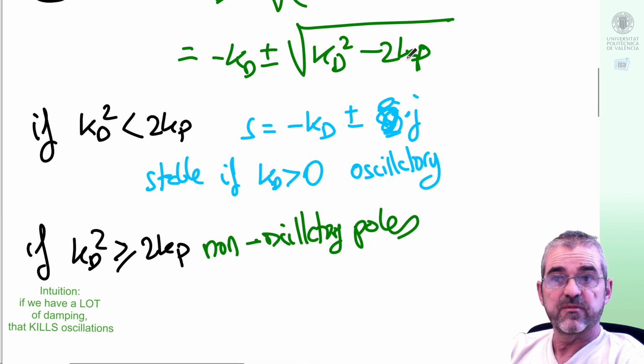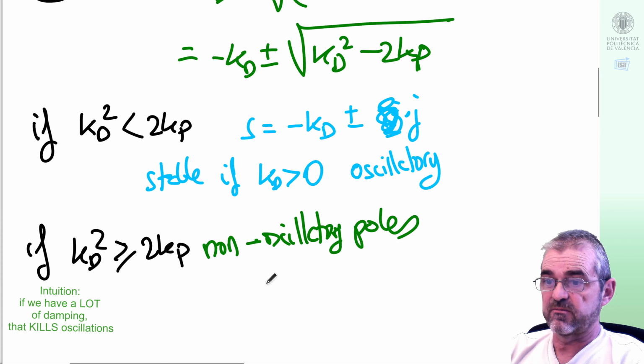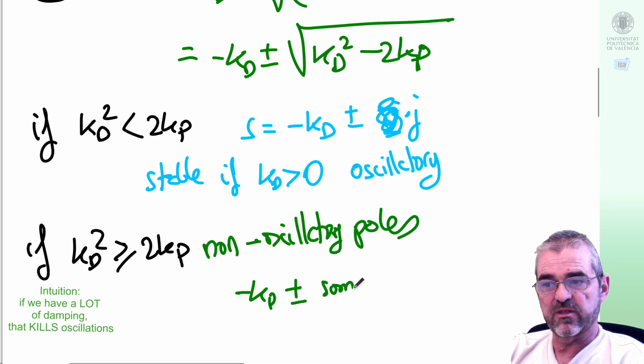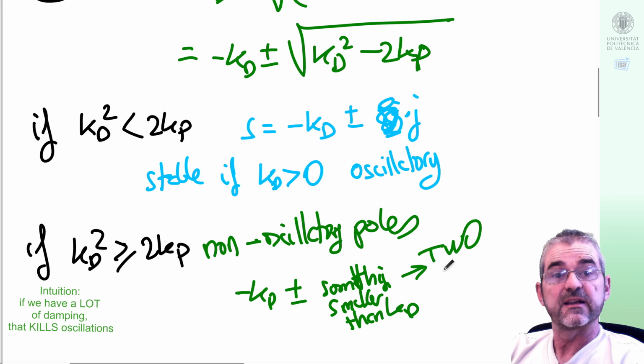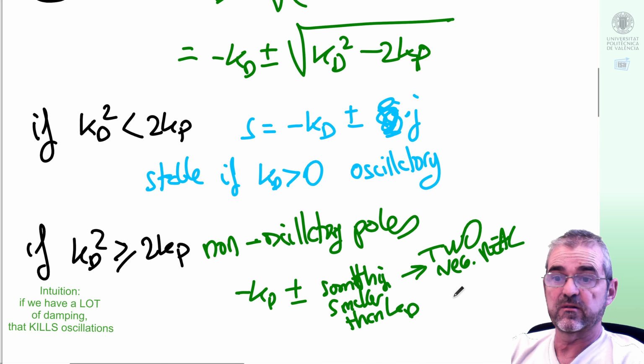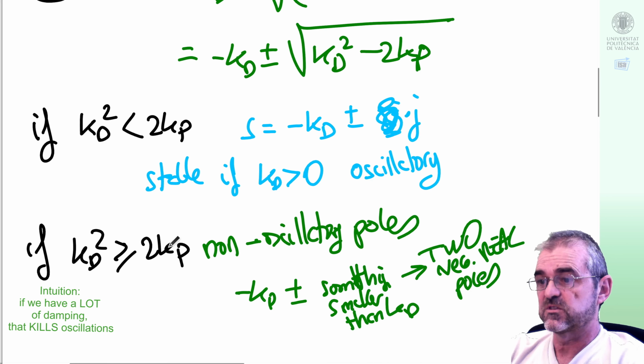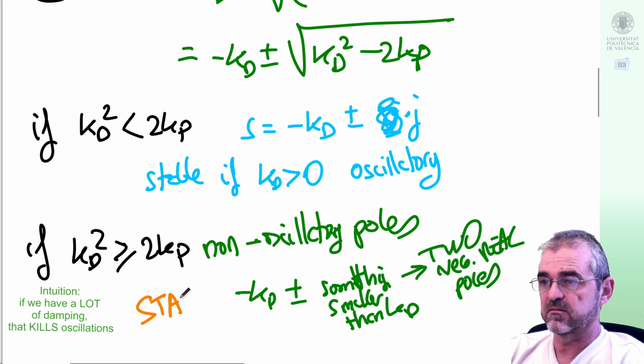And if kp is small, then the square root of kd squared will be kd, but the thing inside the square root will always be lower than kd, so I will have minus kd plus minus something smaller than kd, so I will have two negative real poles, so this will be stable.